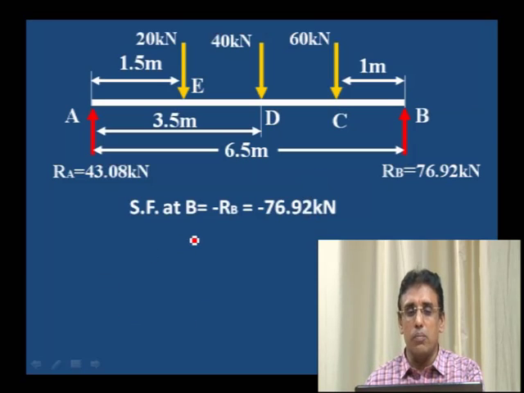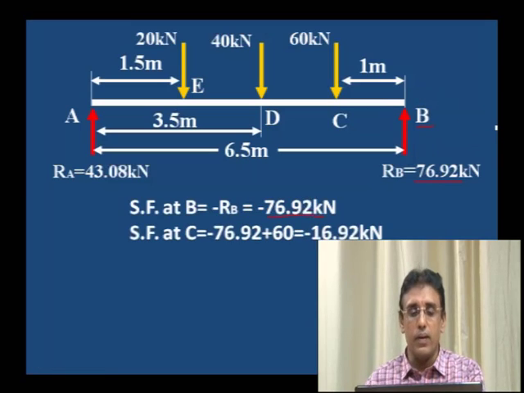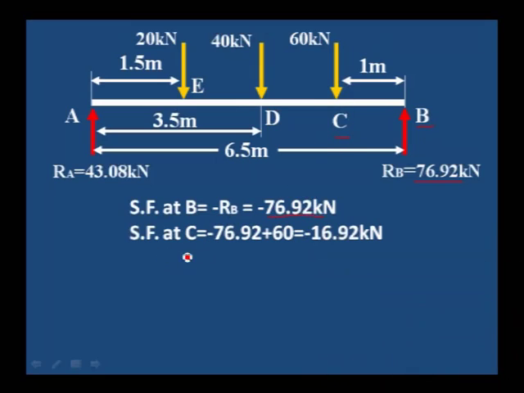Shear force at B: always, shear force at a support will be equal to the reaction. Reaction is 76.92. It is a minus value because it is an upward force. To calculate shear force at C, minus 76.92 is the value at B, plus one point load is added, 60.